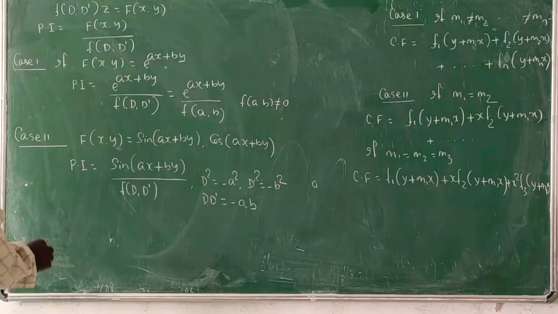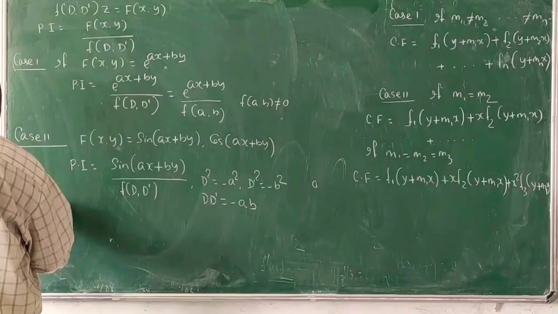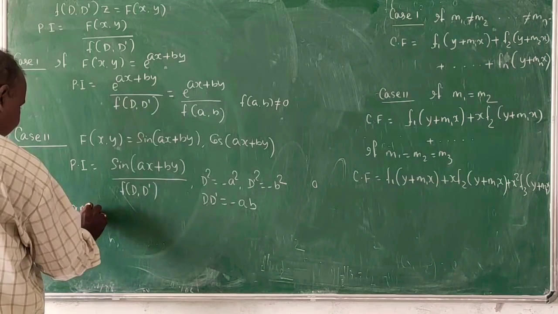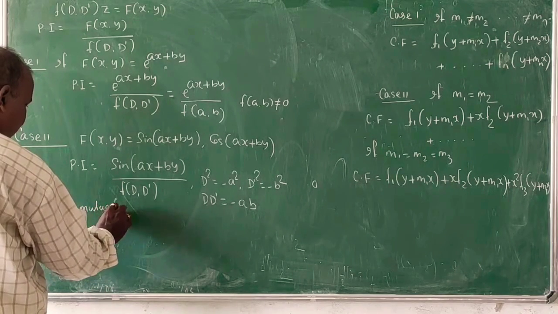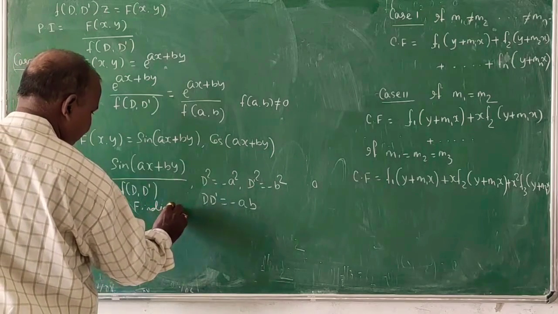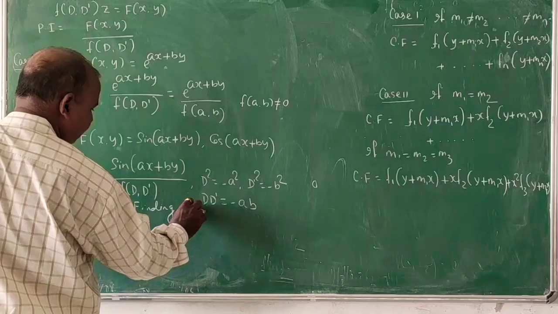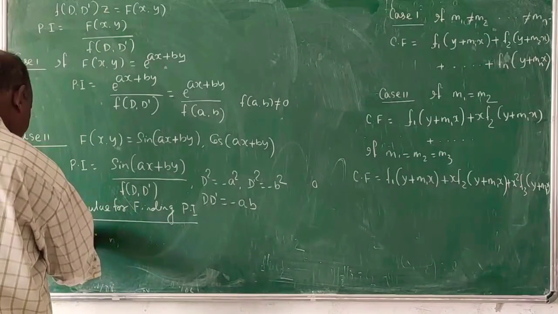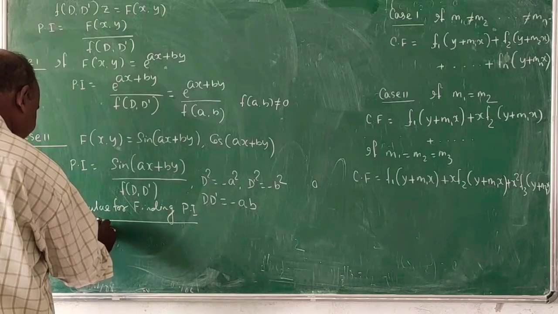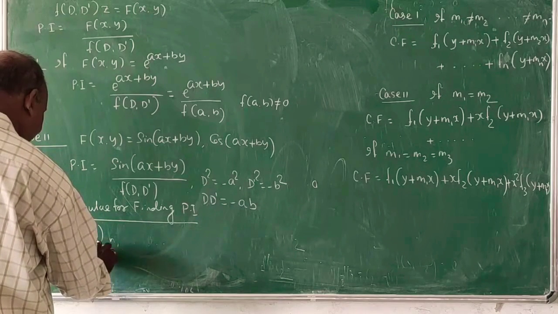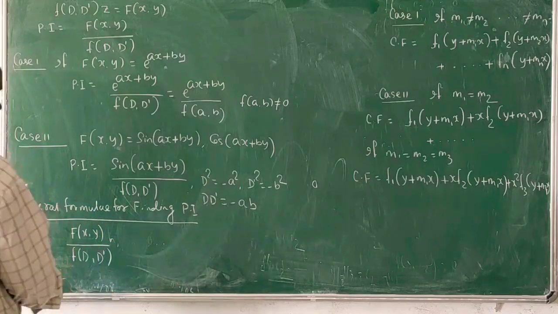So let us take the general formula for finding the particular integral. Now you see what is the general formula here. This is f of x, y divided by f of D, D dash.